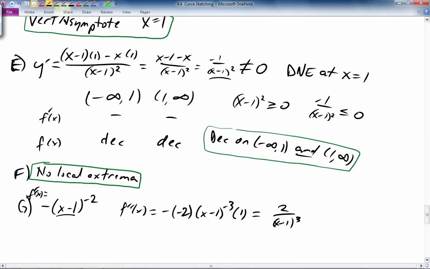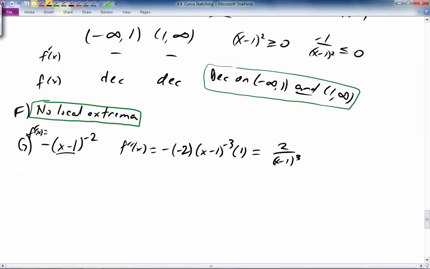Okay, so we see again, what's the only place this could equal 0? Well, it can't equal 0. There is no place the second derivative can equal 0. So all we're going to look for is places the second derivative does not exist, which again is of course x equals 1.